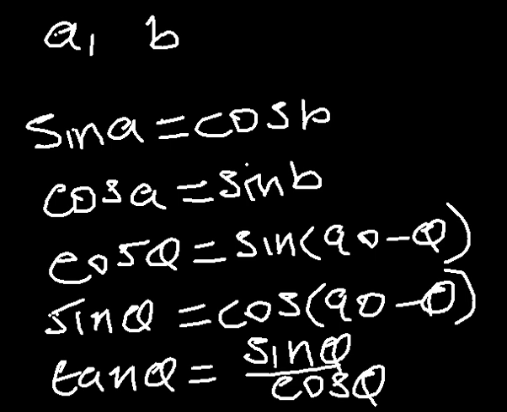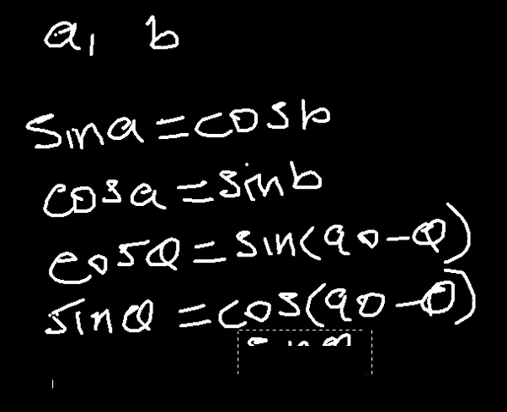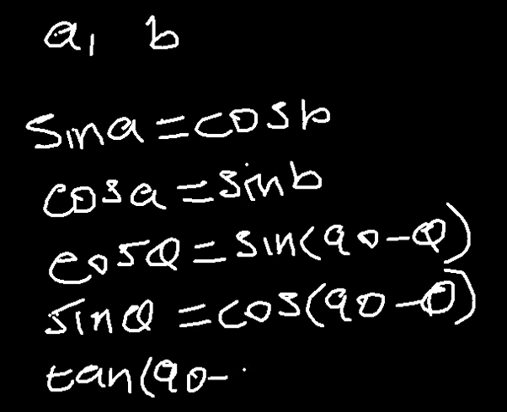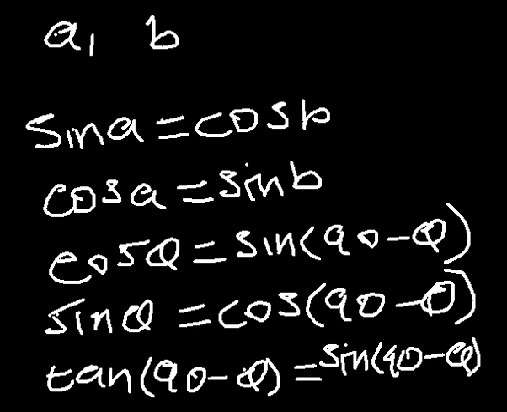So we can also have that if we have the tan of 90 degrees minus the angle theta, it is the same as the sine of 90 degrees minus angle theta divided by the cos of 90 minus angle theta.